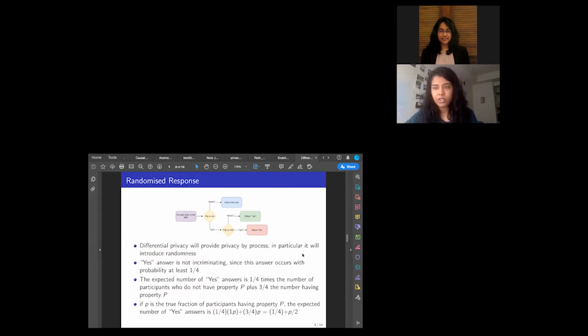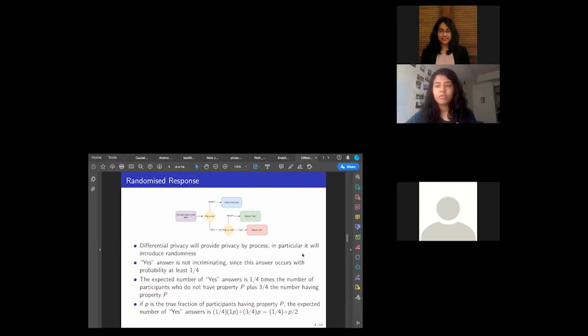If you observe this process, you'll see that the expected number of yeses is going to be 1/4 times the number of participants who do not have the property P, which in this case can be something like drug abuse, plus 3/4 the number of people who actually have the property P. I hope that's evident. If anyone wonders why that is the case, you can just ask me.